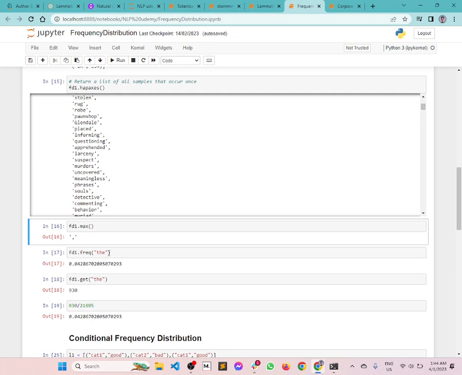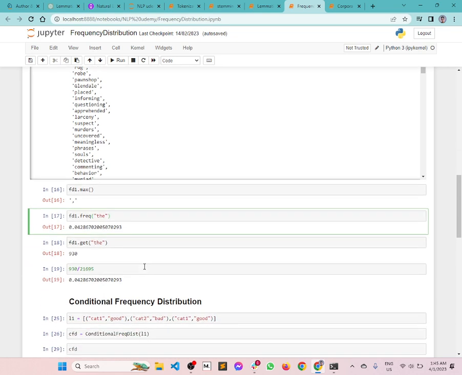Then if we try to find the frequency of the word 'the', we get 0.04287, and in the entire corpus it occurs 930 times. 'The' is used 930 times in the entire corpus.